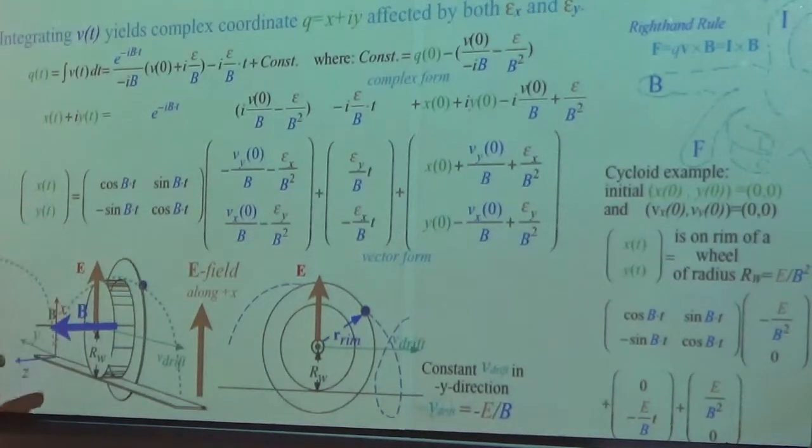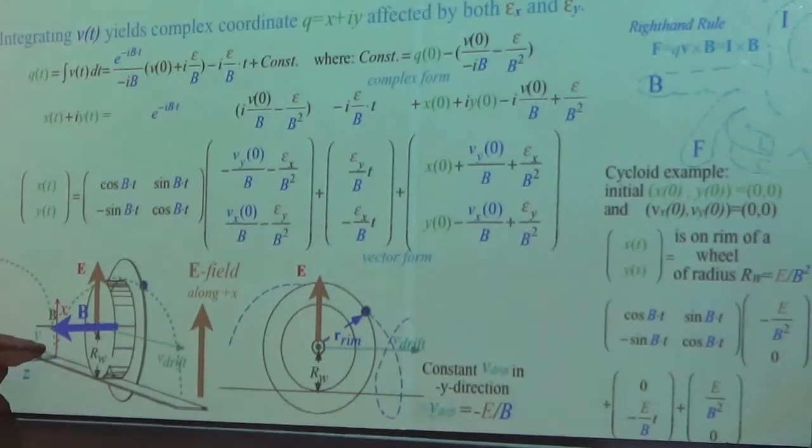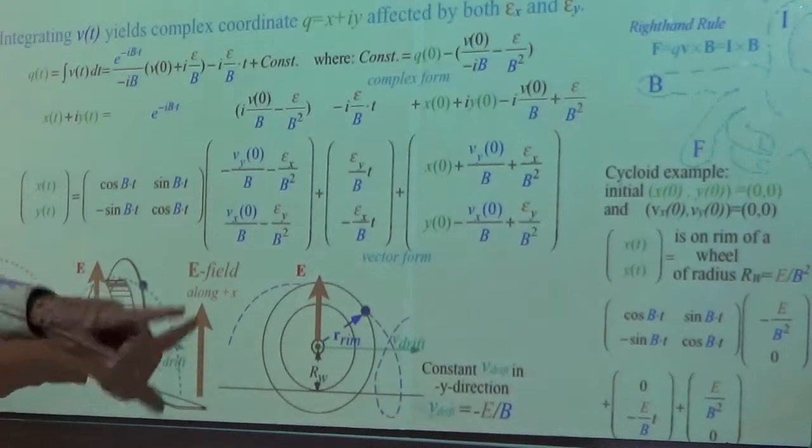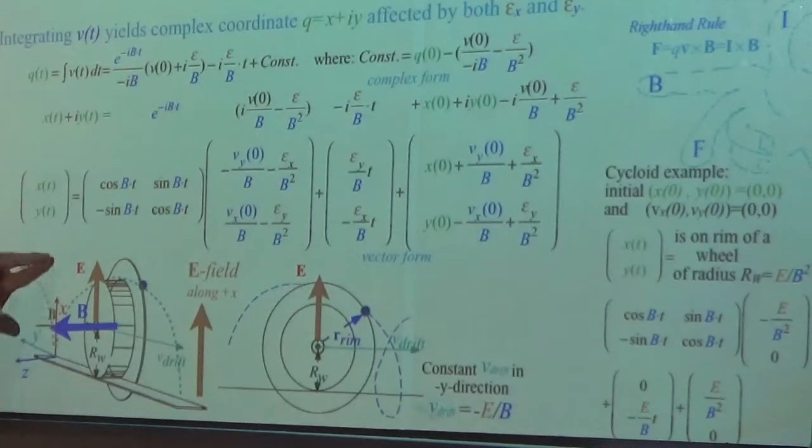Now everything's all sort of tipped over here. X is up, Z is kind of out toward me here, and Y is more obliquely into the screen here. So there's a right-handed coordinate system. Here's the electric field along just the x-axis, and I'm going to show a simulation of that in just a second here.